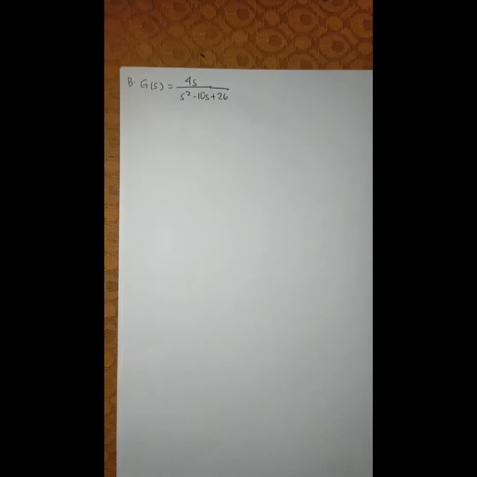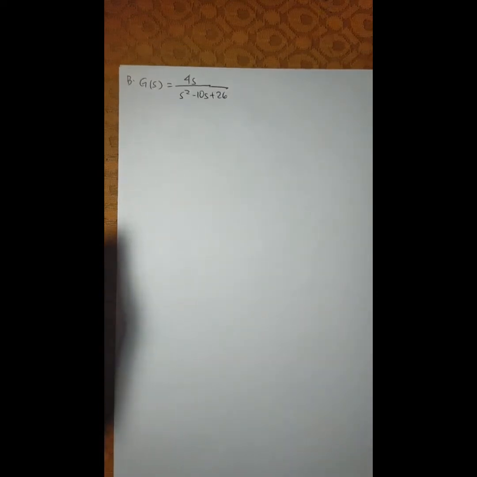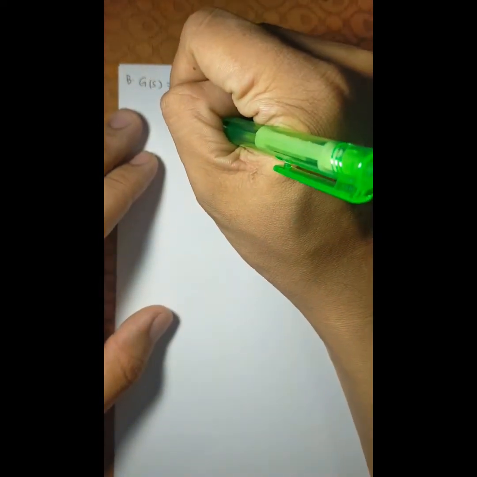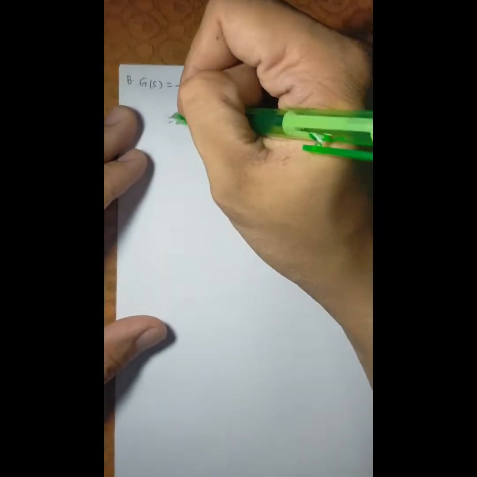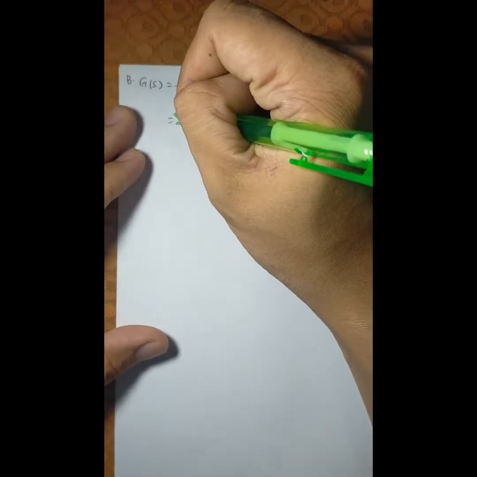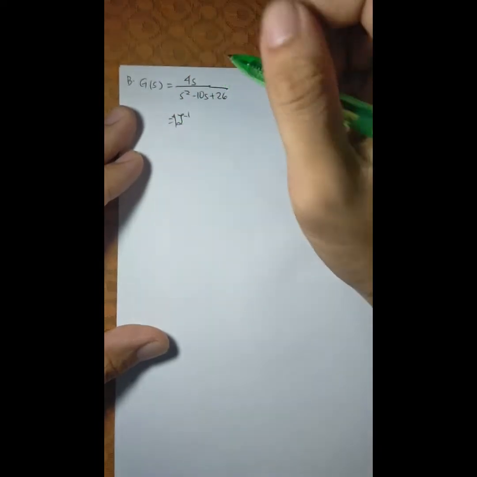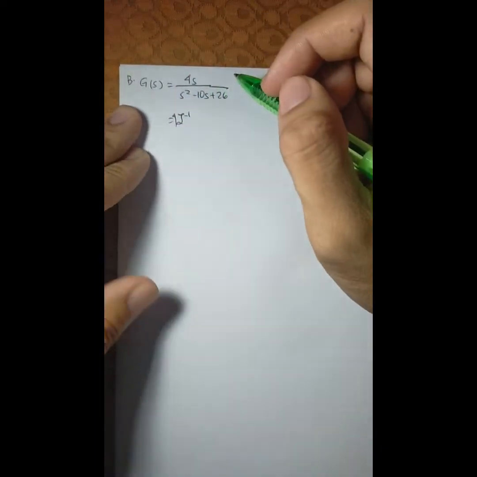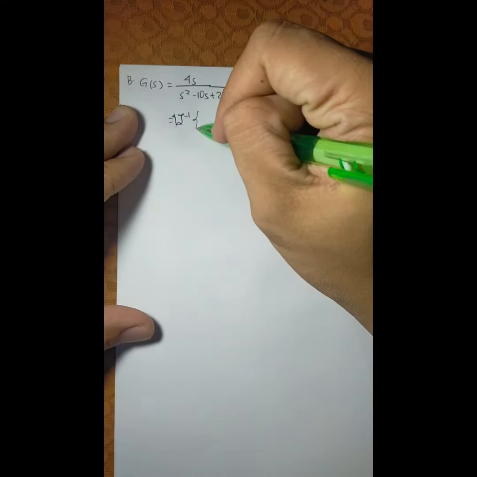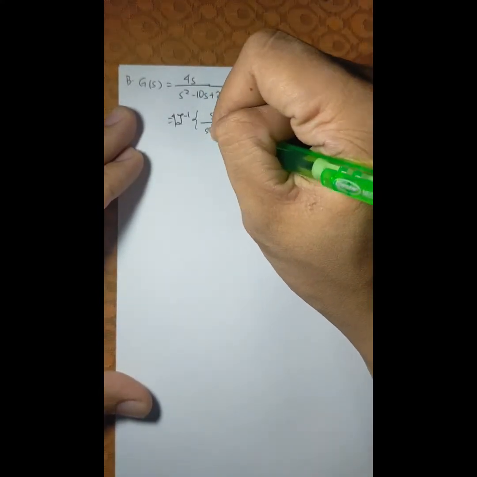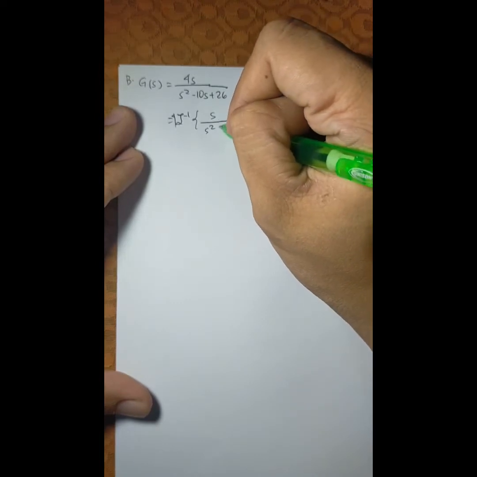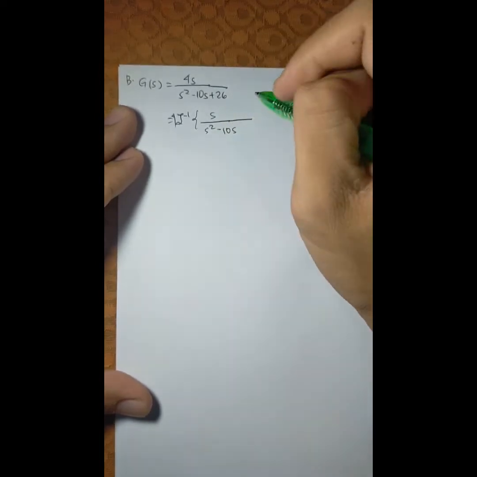In letter B, we have D of s is equal to 4s over s squared minus 10s plus 26. So to find the inverse Laplace transform, first we will take 4 out. We have 4 times the inverse Laplace transform of s over s squared minus 10s.